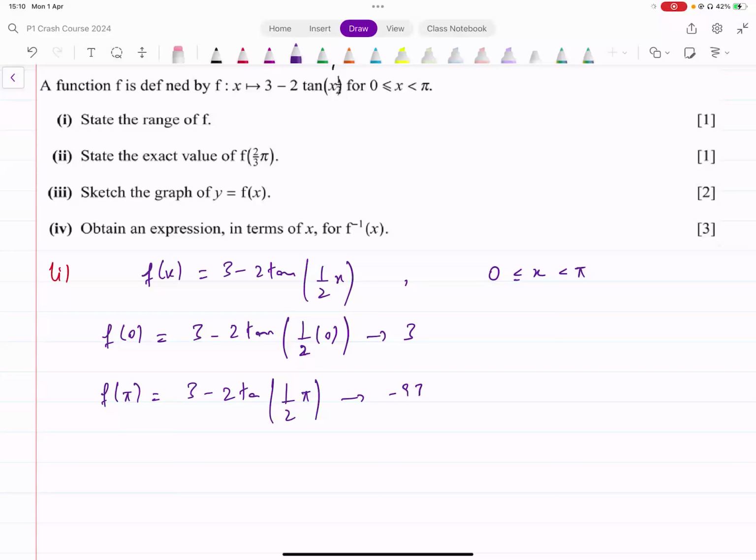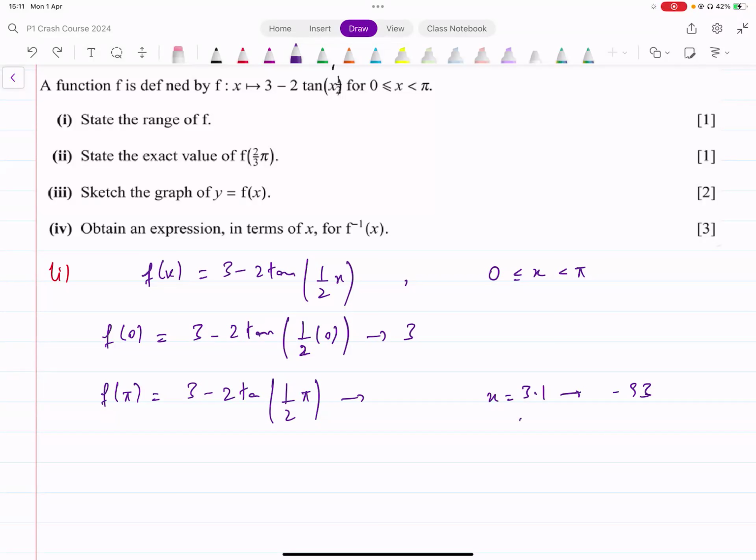minus 93 point something. Okay, that's a large negative value. When x equals 3.1, I'm getting minus 93. Now, if I take this closer to pi, so 3.1 is pretty close to pi. Pi is 3.14 something, right? So I could try, for instance, 3.13.